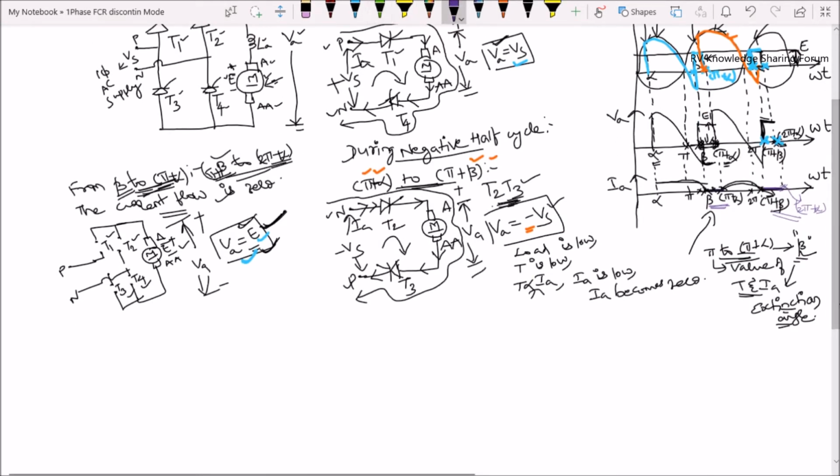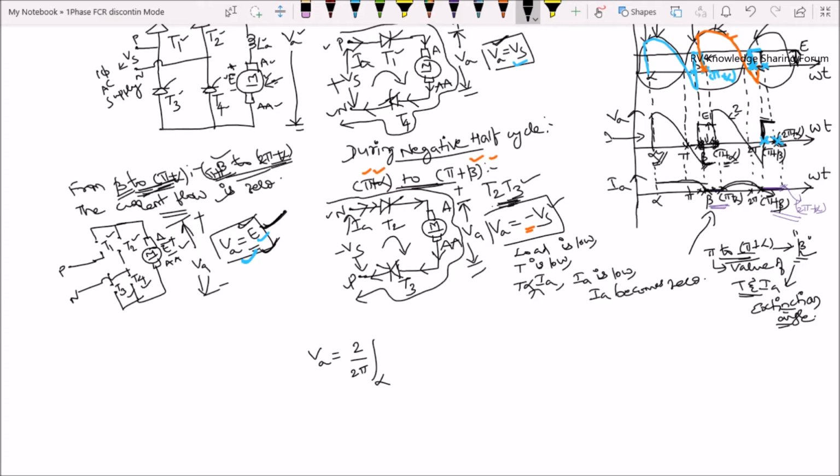Here the armature output voltage VA is equal to, we have made two pulses out of one cycle. Here is pulse number 1 and here is pulse number 2. Two pulses for one full cycle, so 2 by 2 pi, integration with lower limit alpha, where it starts, and upper limit beta, because it stops its conduction at beta.